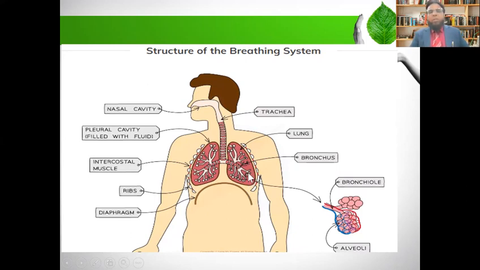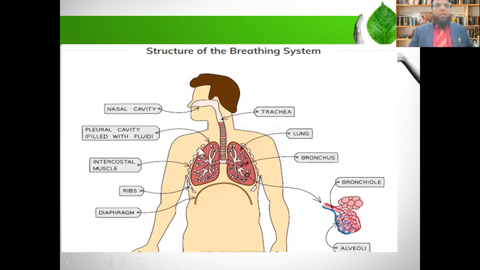And the alveolus is the place where the exchange of gases takes place. On the alveoli, there is a network of capillaries. These alveoli are moist and have a large surface area. The walls of the alveoli are very thin. So all the characteristics which we studied in the previous slide are found in the alveoli, which is suitable for gas exchange.